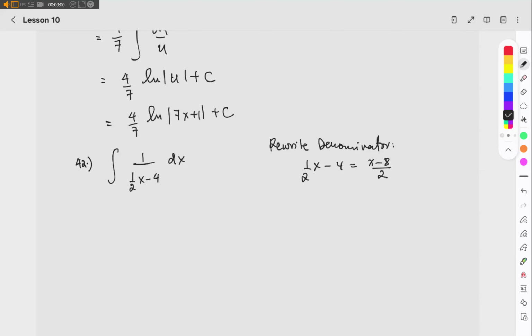So I can just rewrite my denominator. That will just be 1 over x minus 8 over 2 dx.